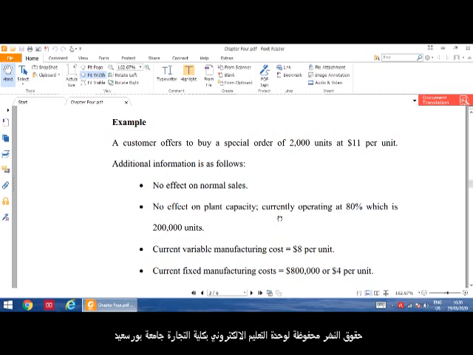Its capacity here is currently operating at 80%, which is 200,000 units. These are the two conditions. Current variable manufacturing cost is $8 per unit. Current fixed manufacturing cost is $800,000, or $4 per unit. 800,000 divided by 200,000 units equals $4 per unit.